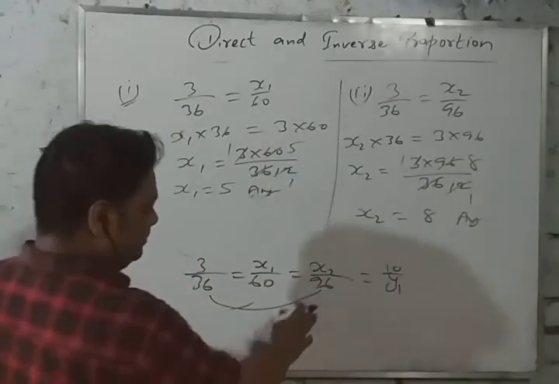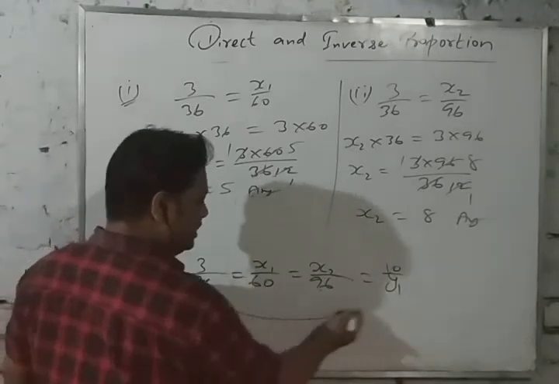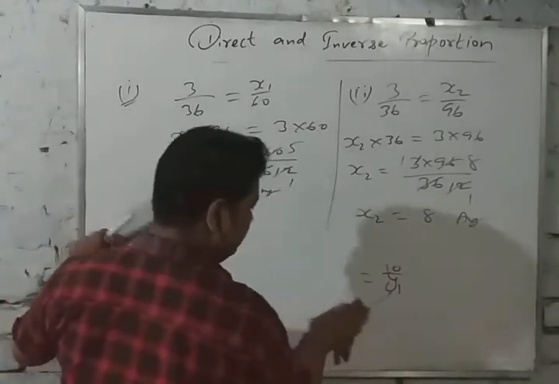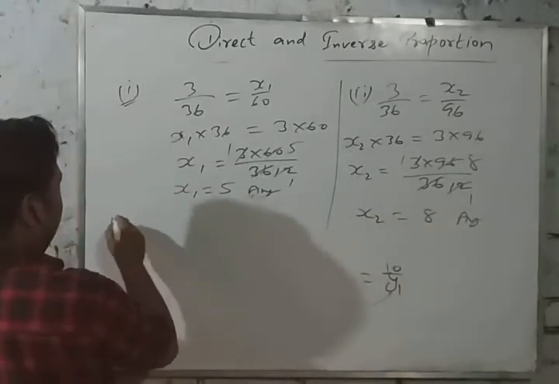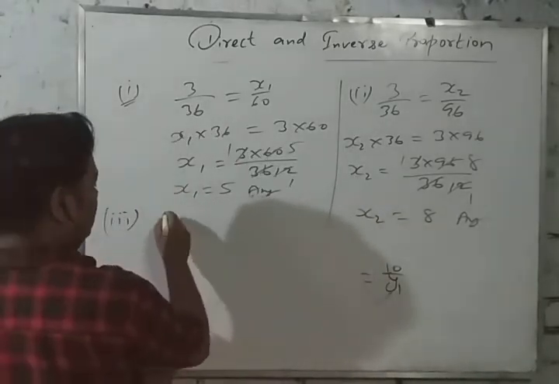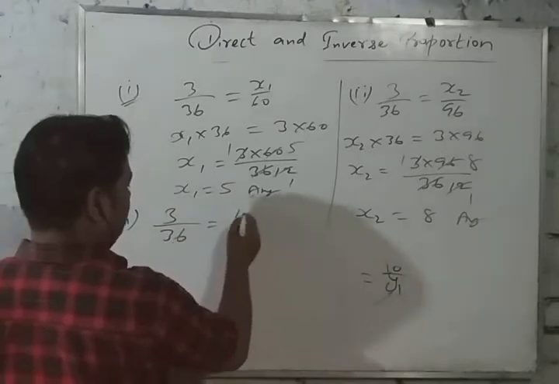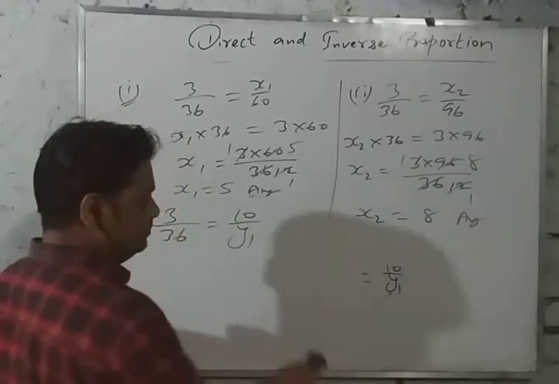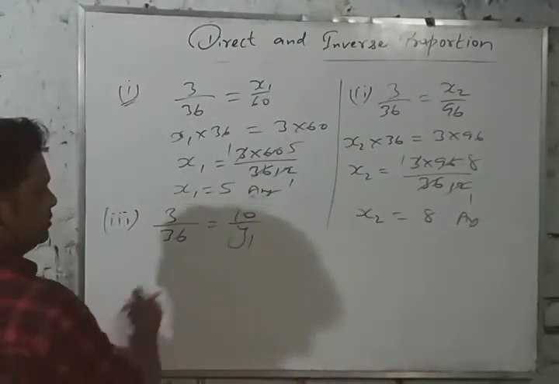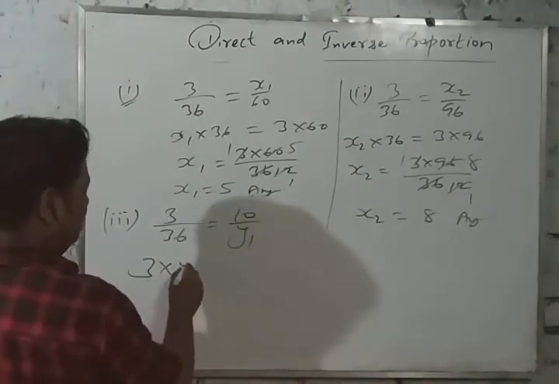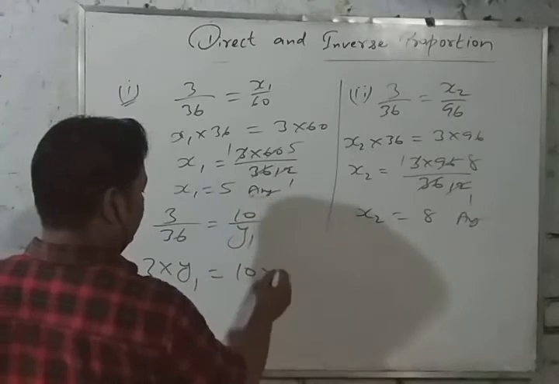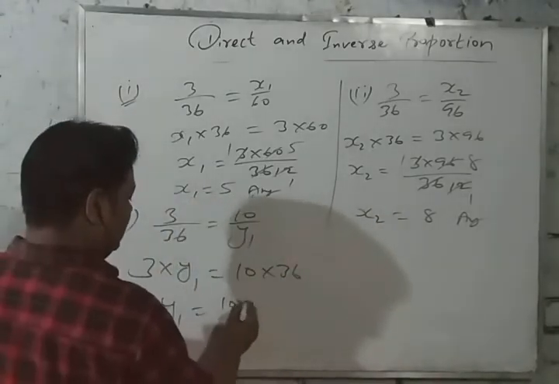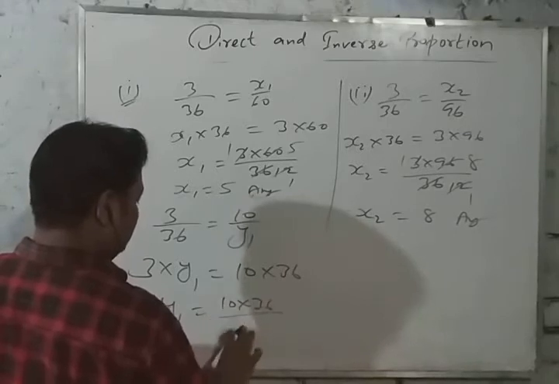Now the last one. 3 by 36 is equal to 10 by y1. We solve it also. Then 3 into y1 is equal to 10 into 36, so y1 is equal to 10 into 36 by 3.